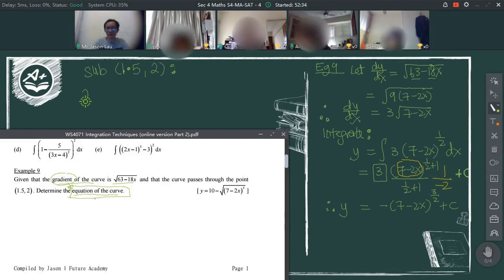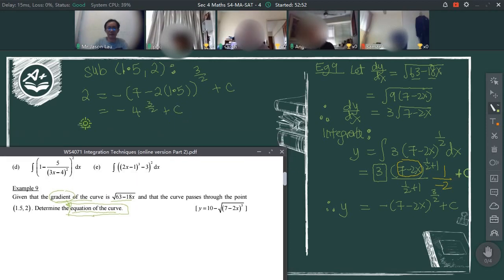Then you have 2 equal to negative (7 minus 2 times 1.5) to the power 3 over 2 plus c. This one is just 4 to the power 3 over 2 plus c. So you can find c.